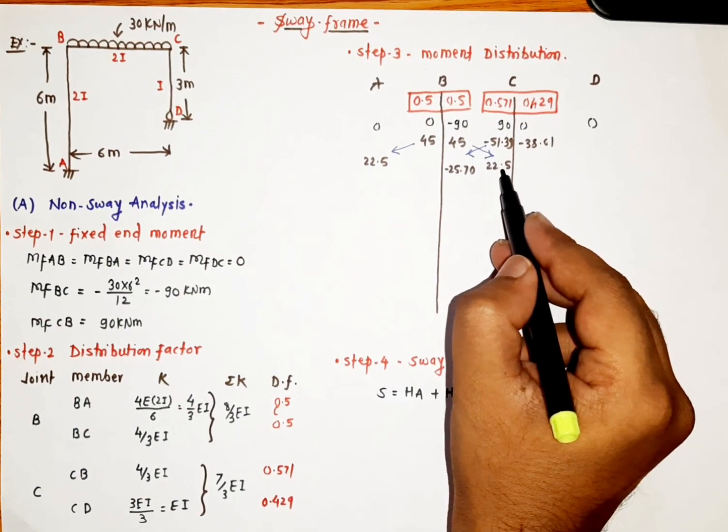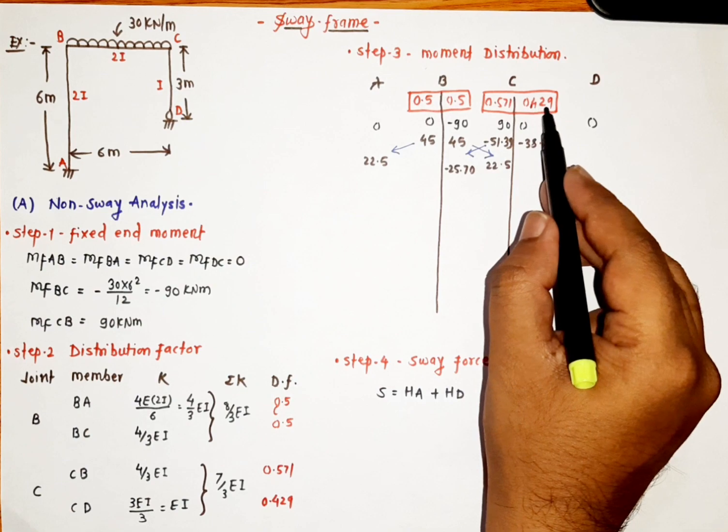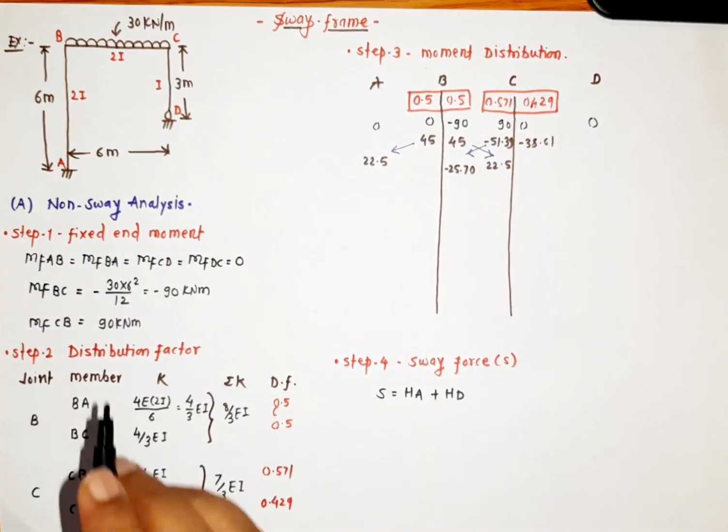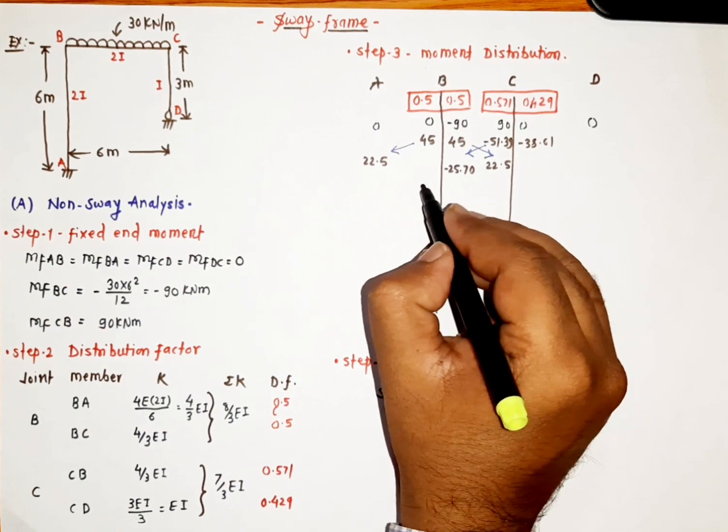Similarly, 22.5 we have to multiply by 0.571 and 0.429 and write down at each column. So ultimately we will get a final answer, and we have to write it here with opposite sign.